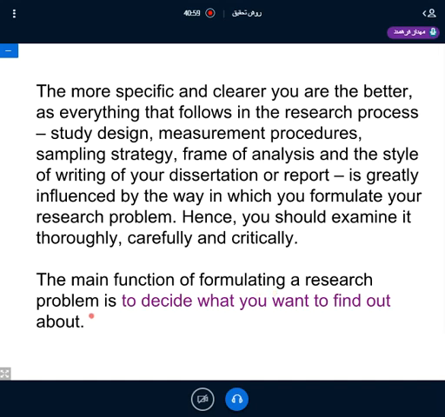The main function of formulating a research problem is to decide what you want to find out, and that is very, very important, because you must know what you want to find out. And if you know all of it, you can understand that. Very good.